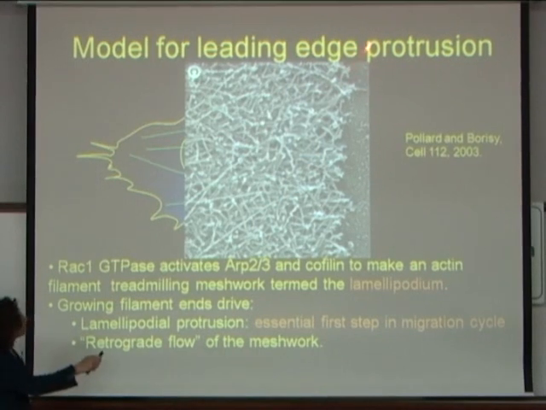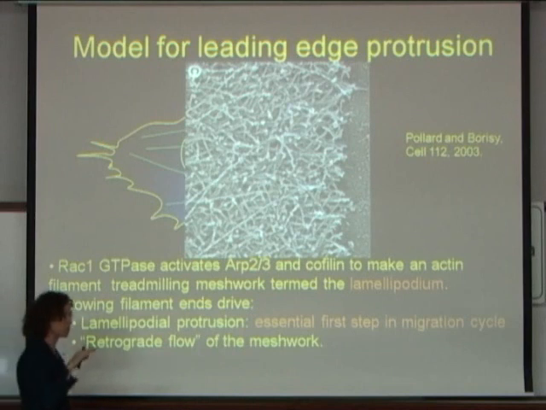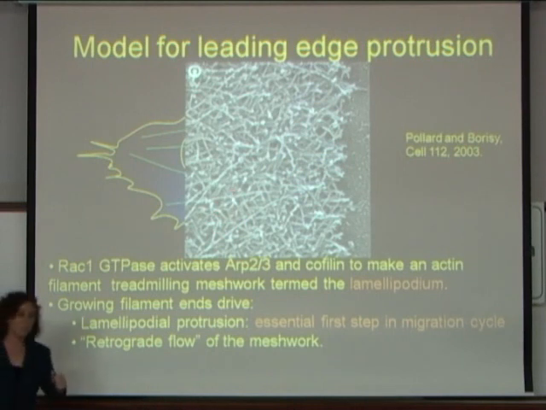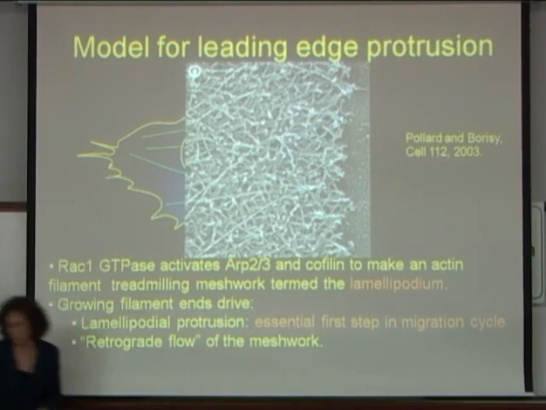On this end of the filament, these are the only ends that grow. So the filaments just subadjacent to the plasma membrane grow. The rest are interknitted into this network, and the opposite ends of the filaments are blocked so that they don't disassemble. So as subunits come onto the growing ends, this pushes the plasma membrane forward.